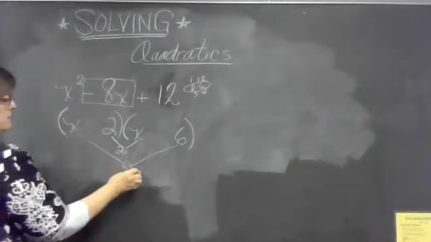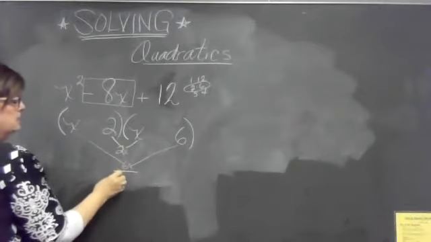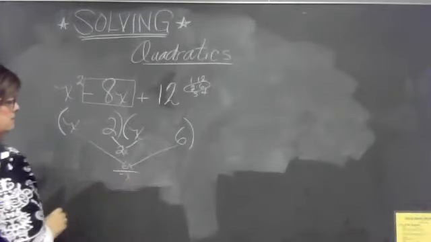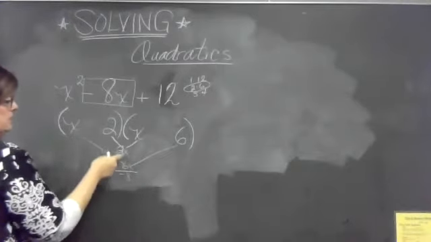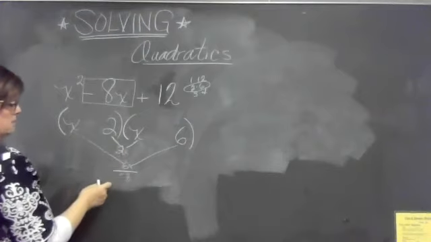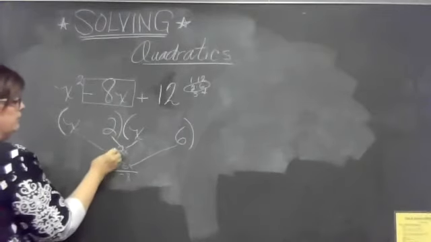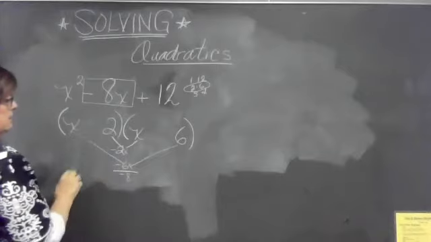And 6x. Now we need to put this together, add or subtract, to get a negative 8. And if I'm going to get a negative 8, I need to add these together. But if I add them together the way they are, I'll get a positive 8. So I need both of them to be negative, to add negatives and get a negative 8.